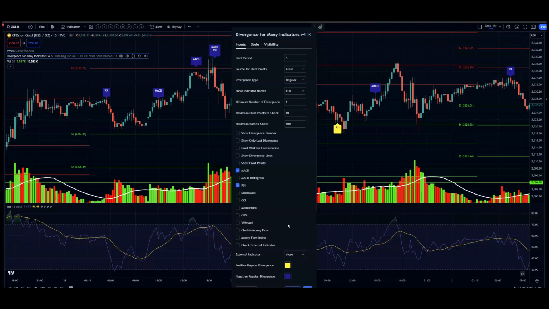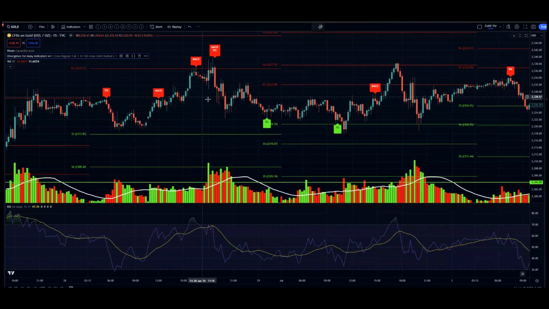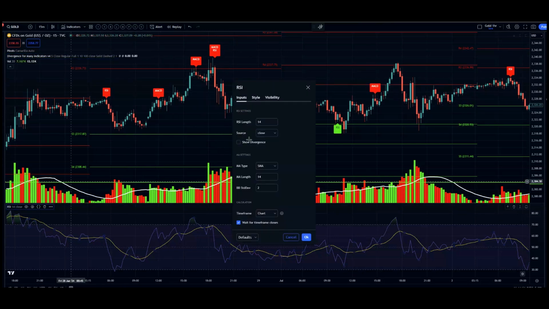Just MACD and RSI, keep it. And yeah, you can change positive and negative divergence to green and red as well, just to be more accurate. In any case, that's all our indicators, and this is just the normal RSI 14, SMA 14 chart. It stays the same.